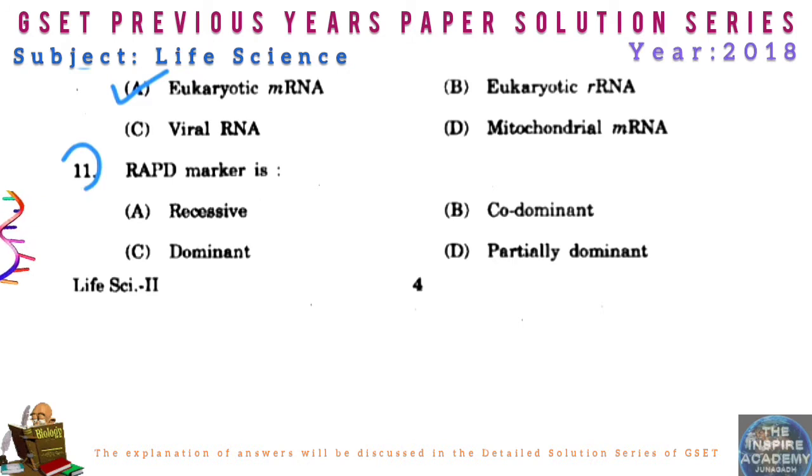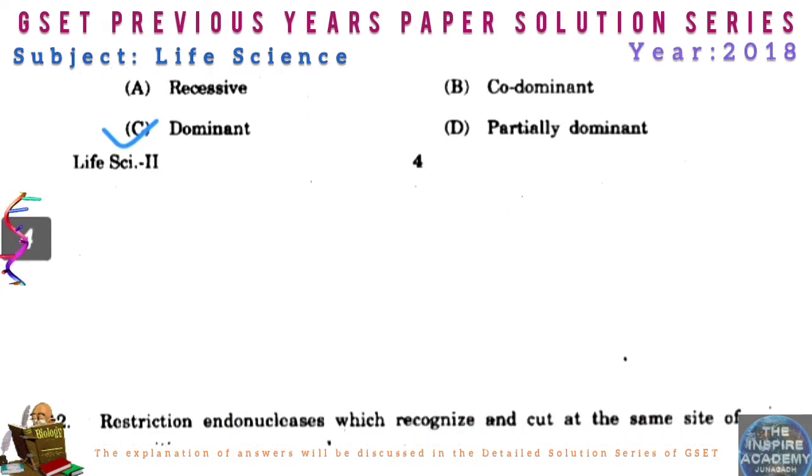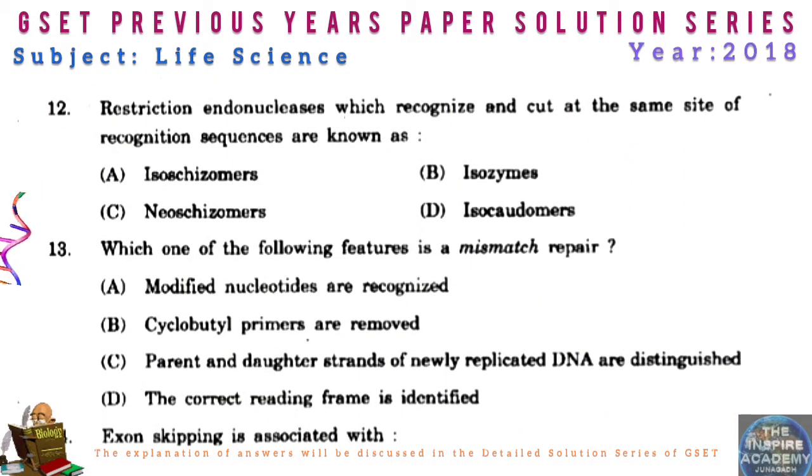Question number 11. RAPD marker is dominant one. Option C, dominant. Next question. Question number 12. Restriction endonucleases which recognize and cut at the same site of recognition sequences are known as isoschizomers.